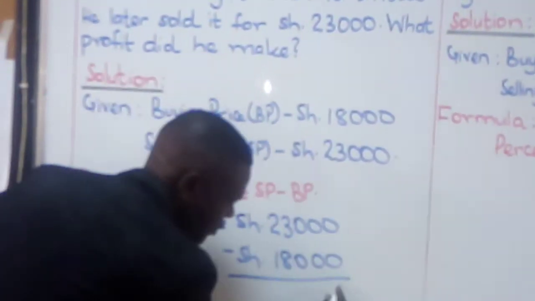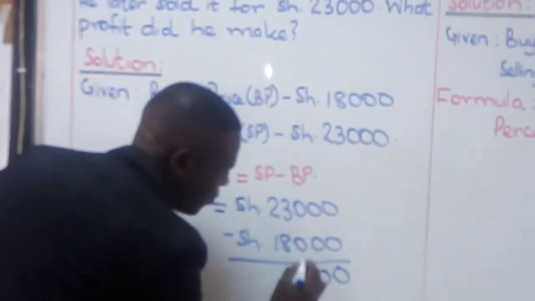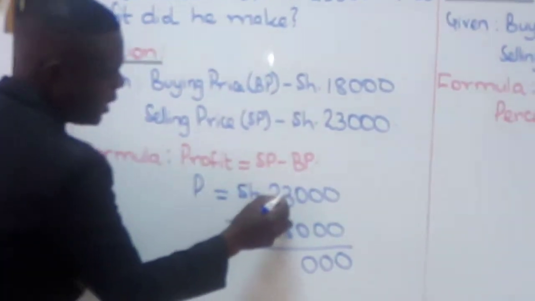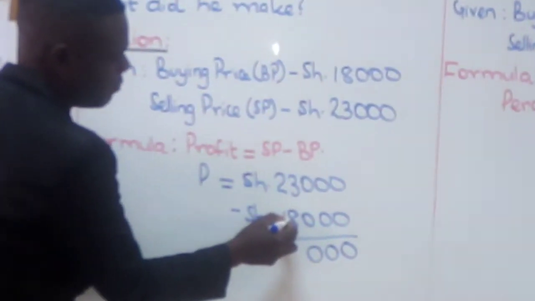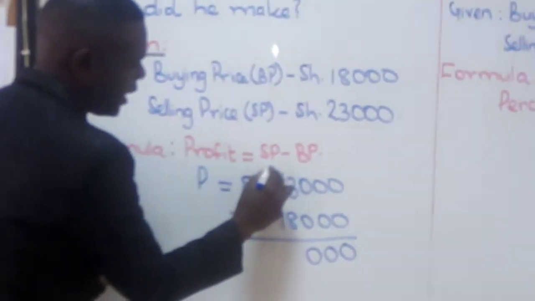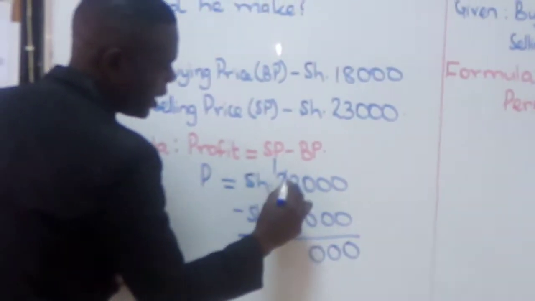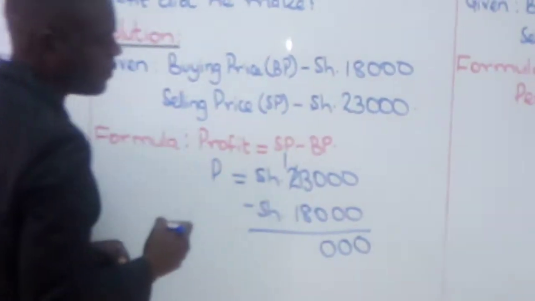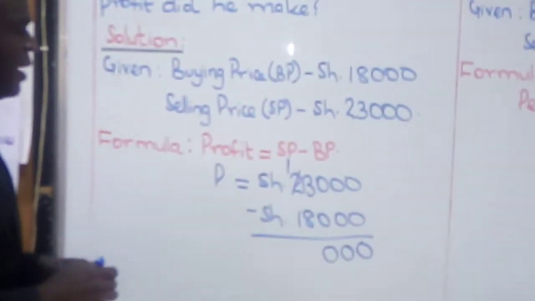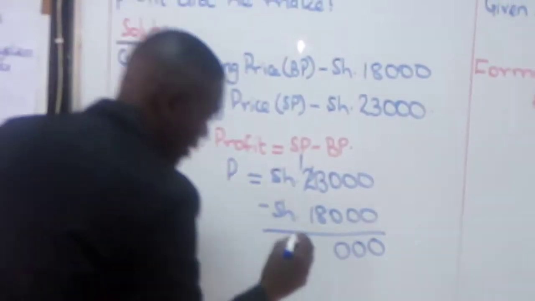Now 0 minus 0 is 0, 0 minus 0 is 0, 0 minus 0 is 0. 3 minus 8 is impossible, and so we borrow 1 from 2 and remain with 1. And we have borrowed 1, we add it to 3, it becomes 13. 13 minus 8 is 5.